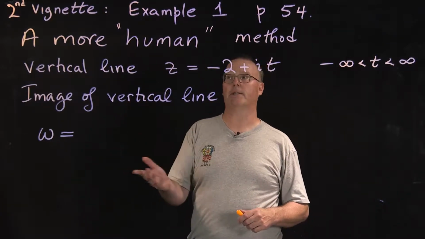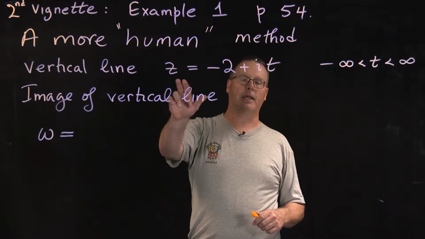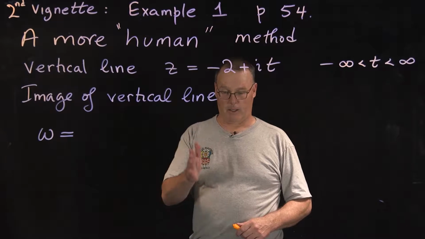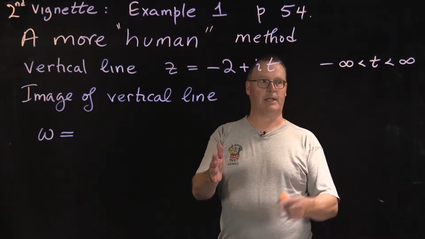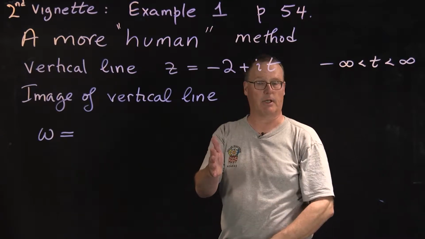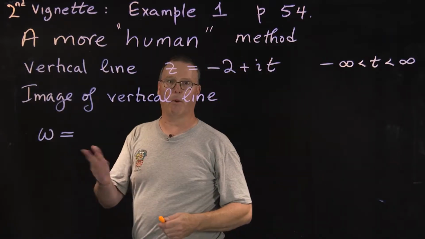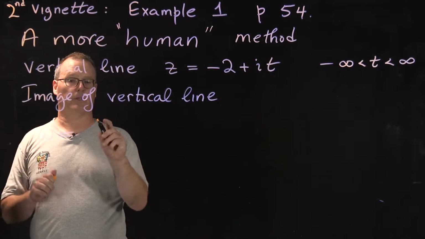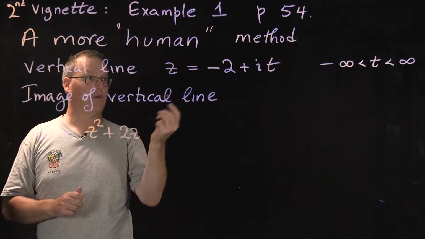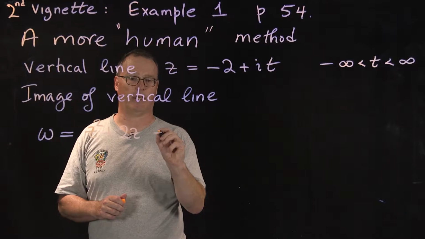So, for instance, if we want to look at the image of z equals minus 2 plus it, where t varies from minus infinity to infinity, that's exactly a vertical line. And so we want to say, well, what happens to z squared plus 2z if z equals minus 2 plus it?